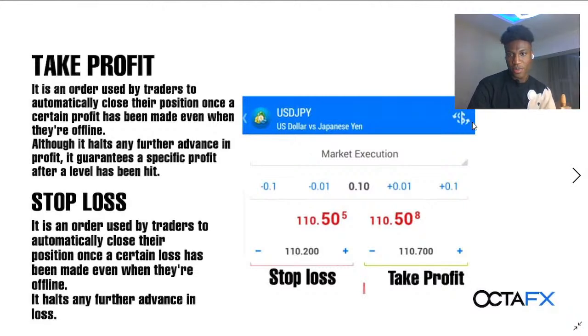The sellers have a price they want to sell to you, and the buyers have a certain price that you can buy from. The difference between the ask and the bid price, or the buy and the sell price, is the spread. It's just like your bank. If you go to your bank to exchange your cash, let's say US dollars for Japanese yen, the bank is going to buy from you at a different rate, and they'll sell to you at a different rate. So that's just how it works.